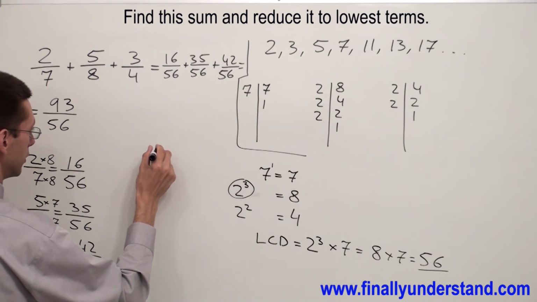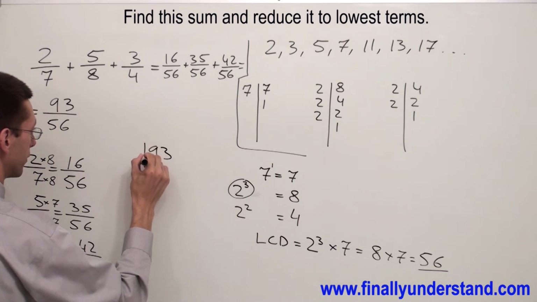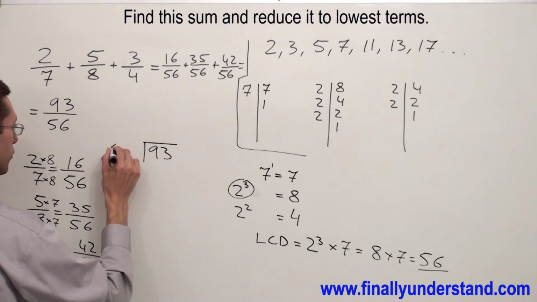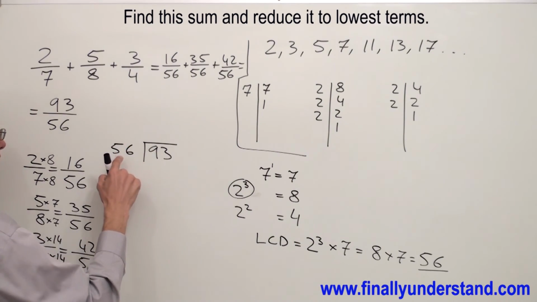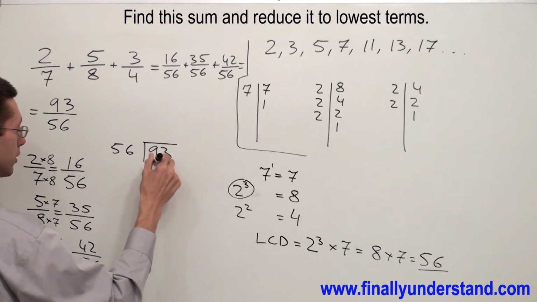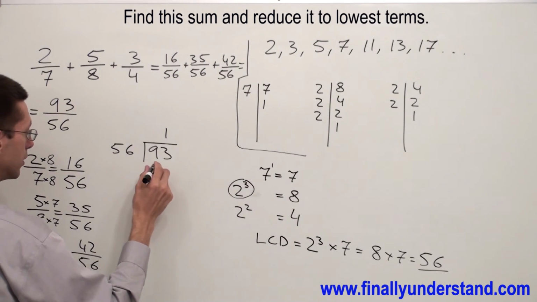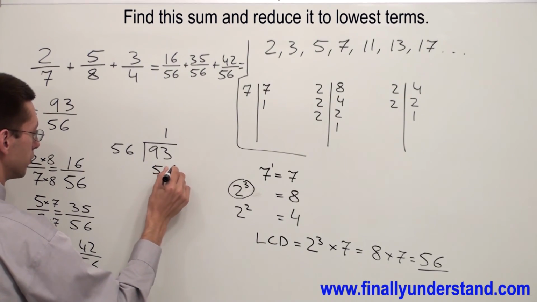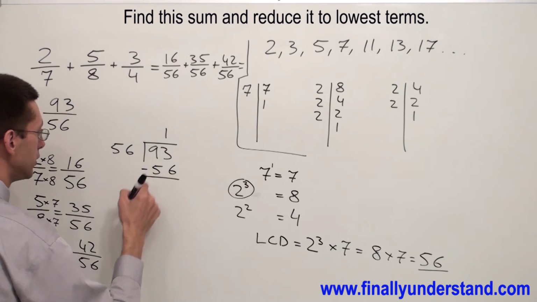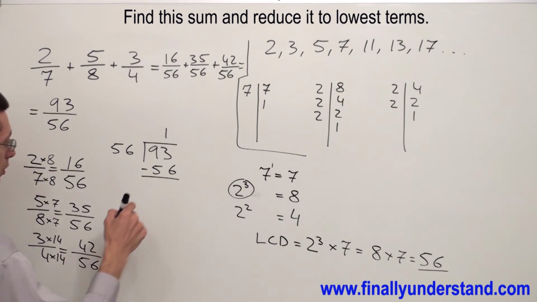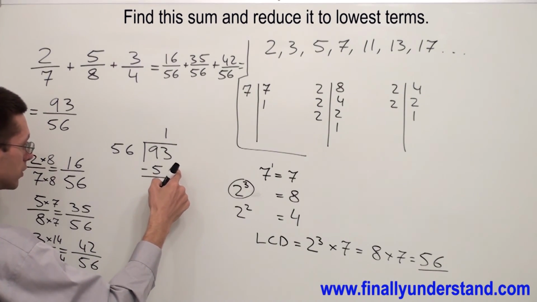So I have 93 and I have 56 over here. How many times does 56 go into 93? Once. 1 times 56 is 56. 93 minus 56. I cannot subtract 6 from 3.